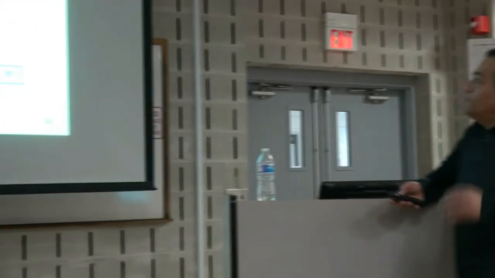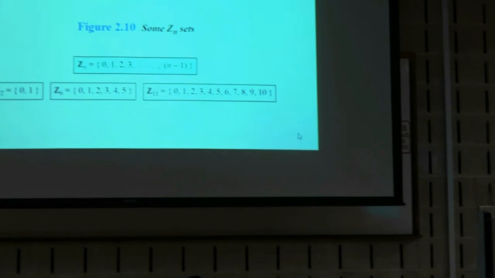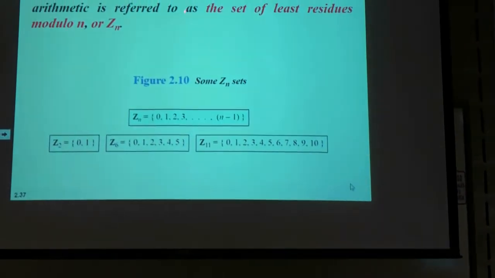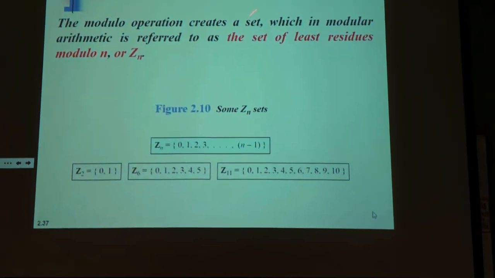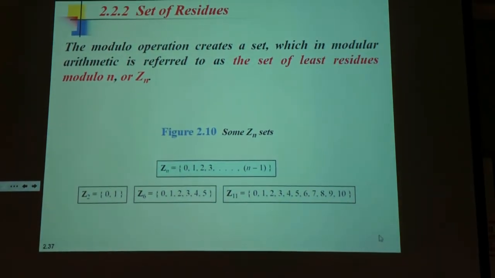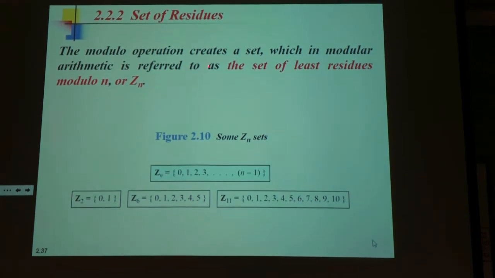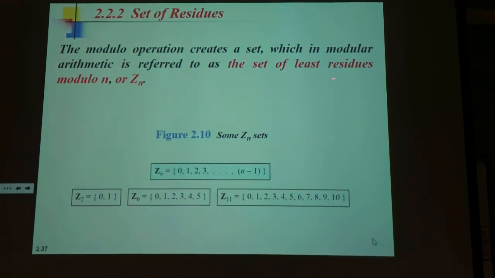So, set of residues. The modular operation creates a set which in modular arithmetic is referred to as the set of least residues modulo n, or Zn. So if the modulus is n, the set of results will be from 0 to n minus 1.